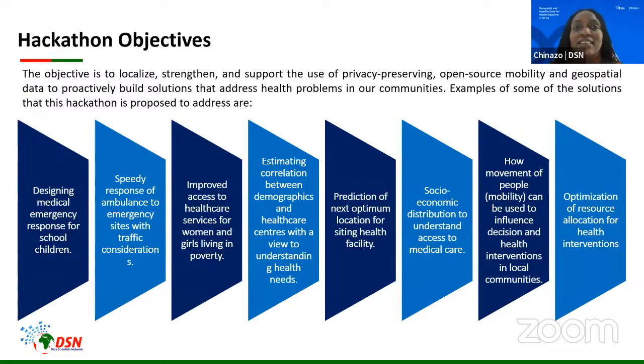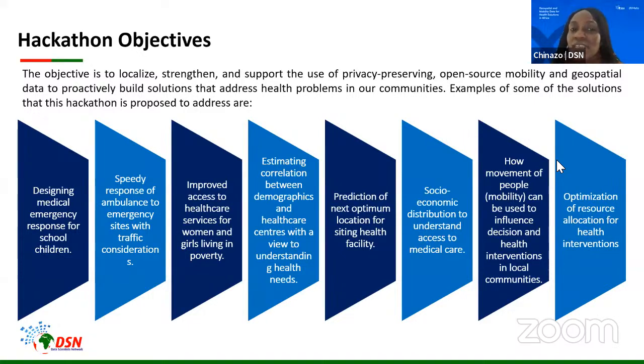So I actually like the part where he mentioned define your objective. So if I have to repeat again the hackathon objective, the objective is to localize, strengthen, and support the use of privacy preserving, open source mobility and geospatial data to proactively build solutions that address health problems in our communities.